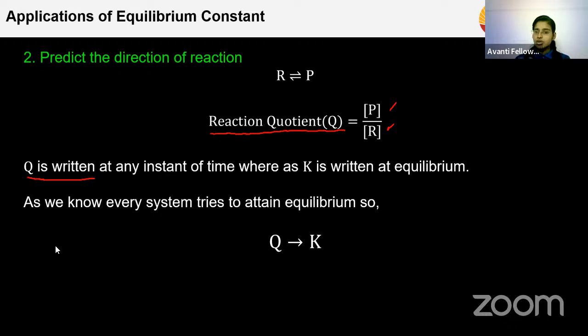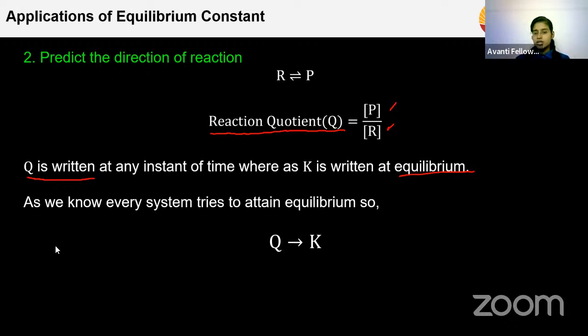So when do we use K and when do we use Q? Q is written at any instant of time, whereas K is written only at equilibrium.